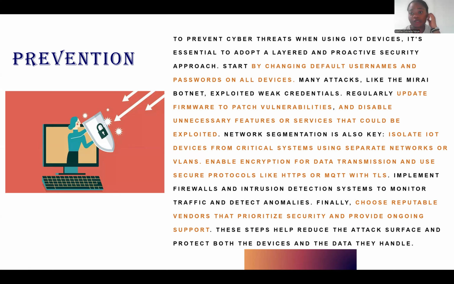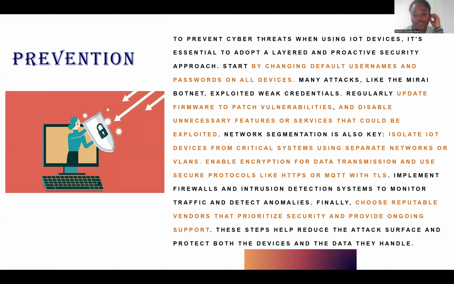Weak credentials, like weak passwords or weak usernames. And then another step would be to regularly update firmware to patch vulnerabilities and disable unnecessary features or services that could be exploited.